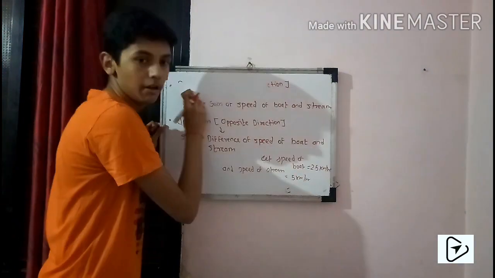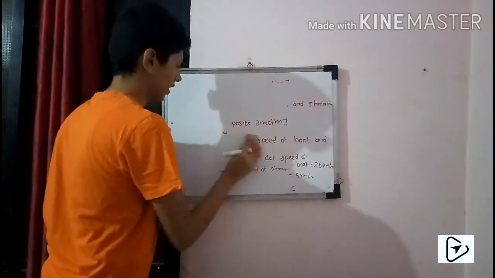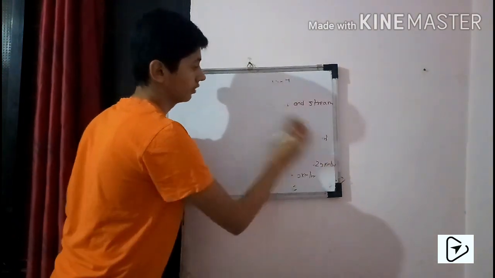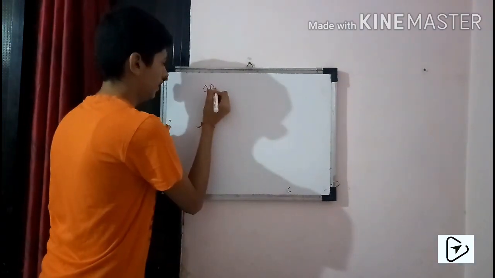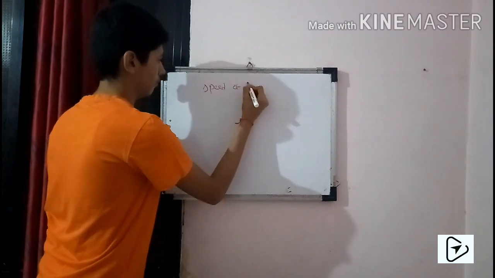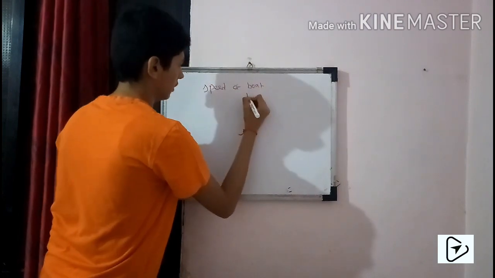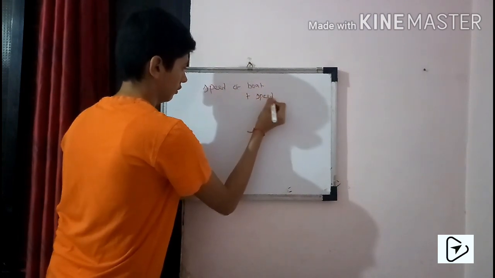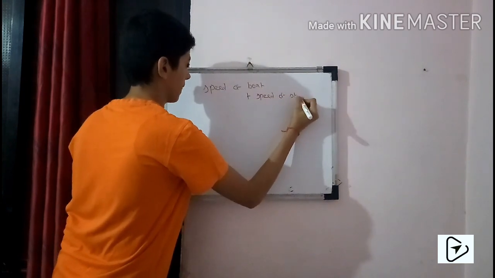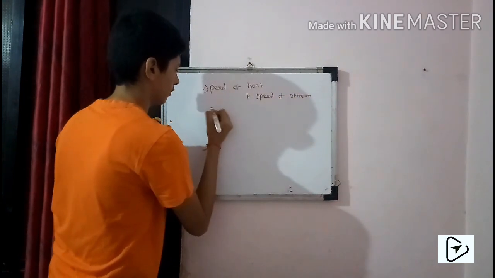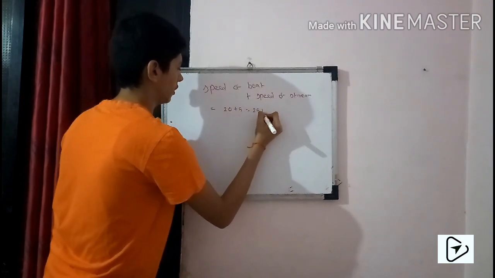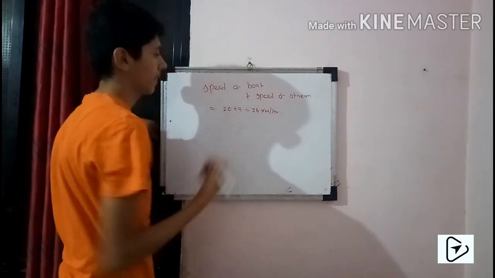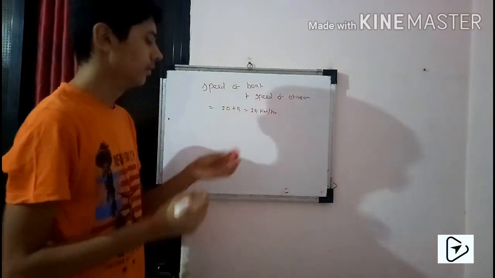If we have to find the speed in downstream, we have to do the addition. In that case, speed of boat plus speed of stream is equal to 20 plus 5, which is equal to 25 km per hour. That is the total speed.